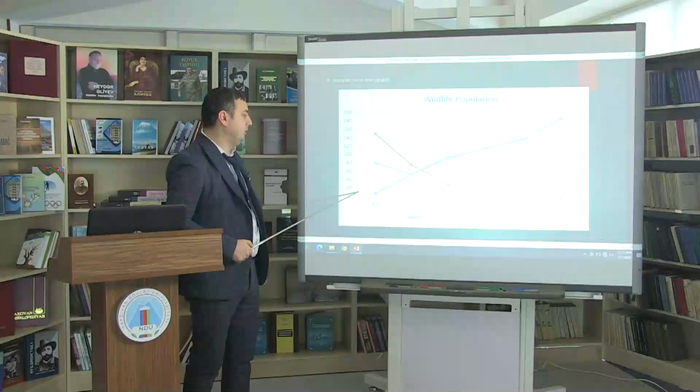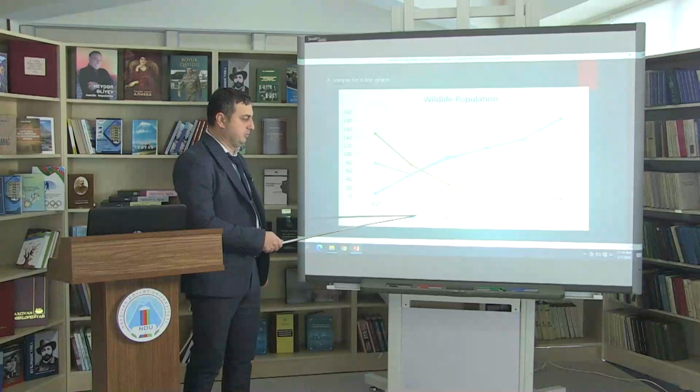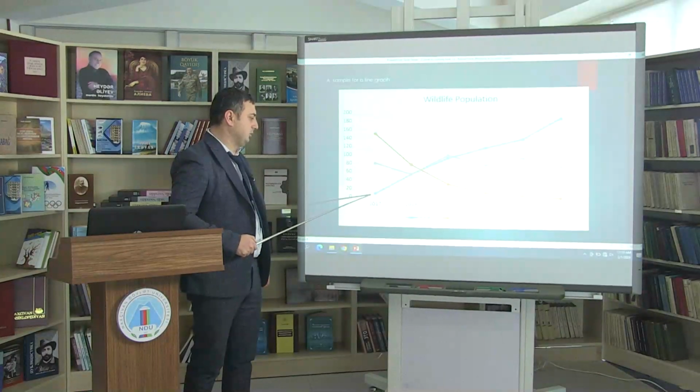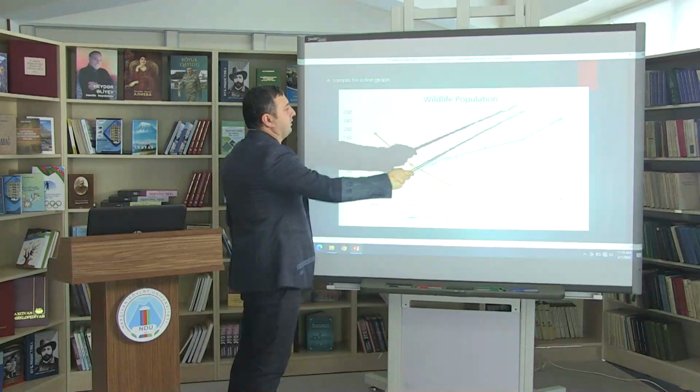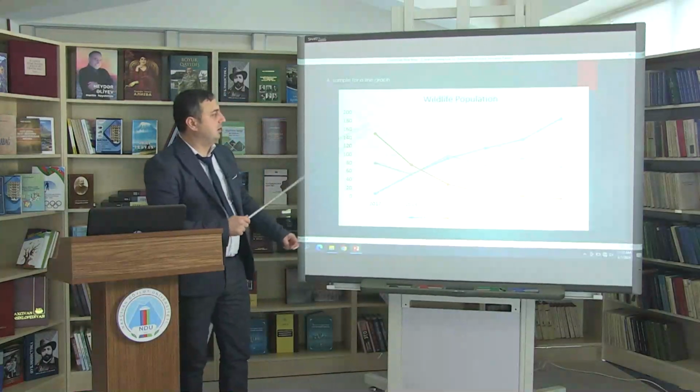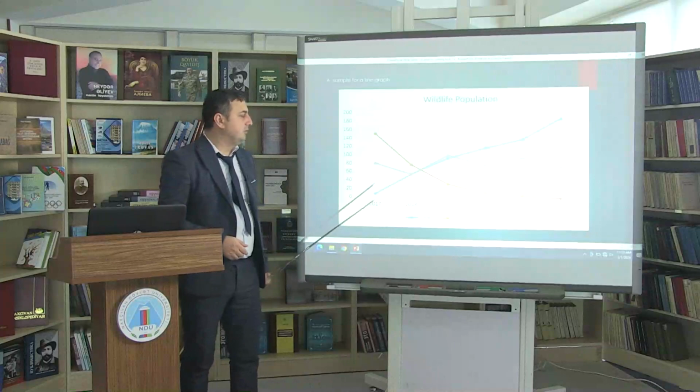Then, for example, as we see, this blue line belongs to bears. It began with 6 bears, and it increased to more than 180 bears here.